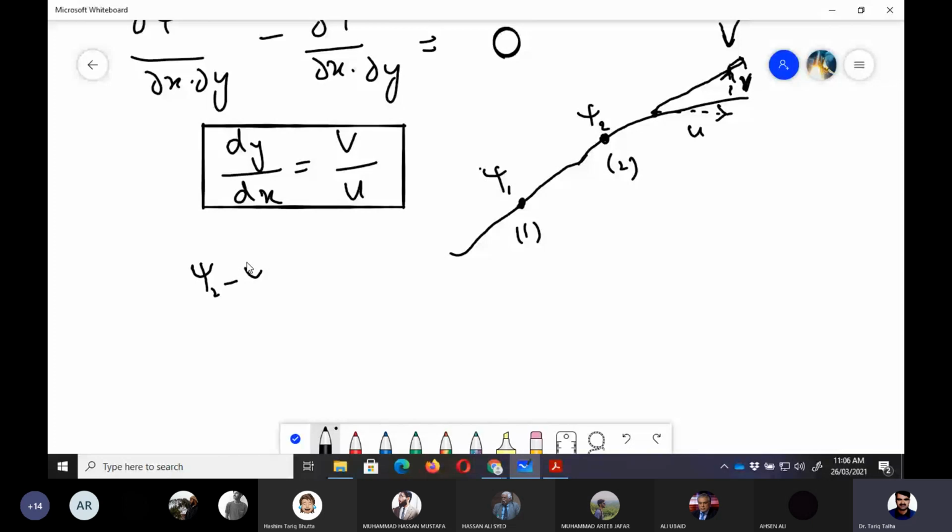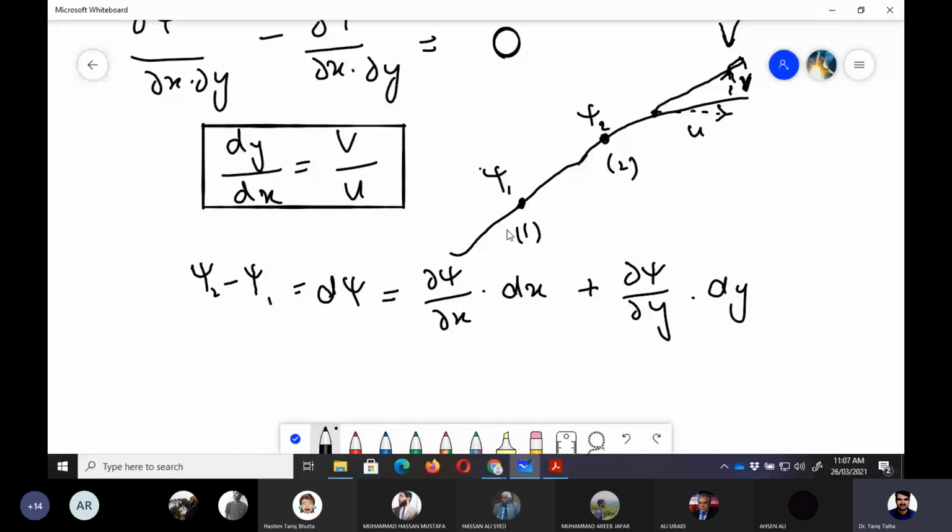psi2 minus psi1 would be equal to d psi, which is equal to partial psi by partial x into dx plus partial psi by partial y into dy, because it is a two-dimensional field, so psi is also a function of x and y.